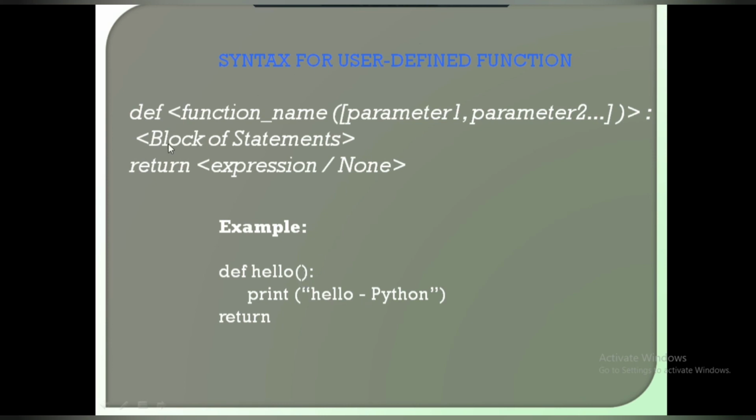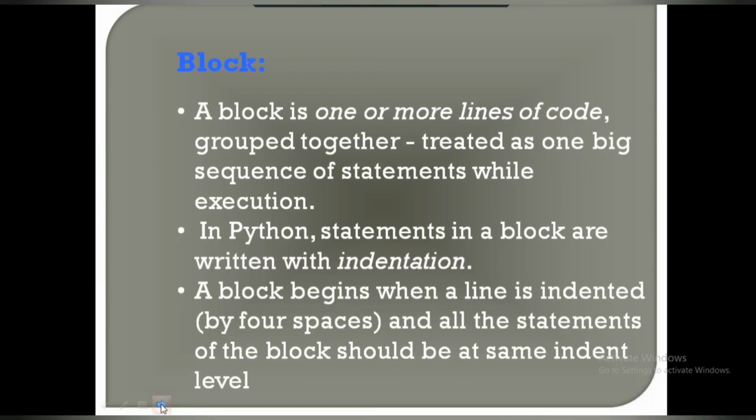Here you can see specified block of statements. So what is the meaning of block of statements? Means set of statements. So a block is one or more lines of code grouped together, treated as one big sequence of statements while execution. That set of statements is known as the block.